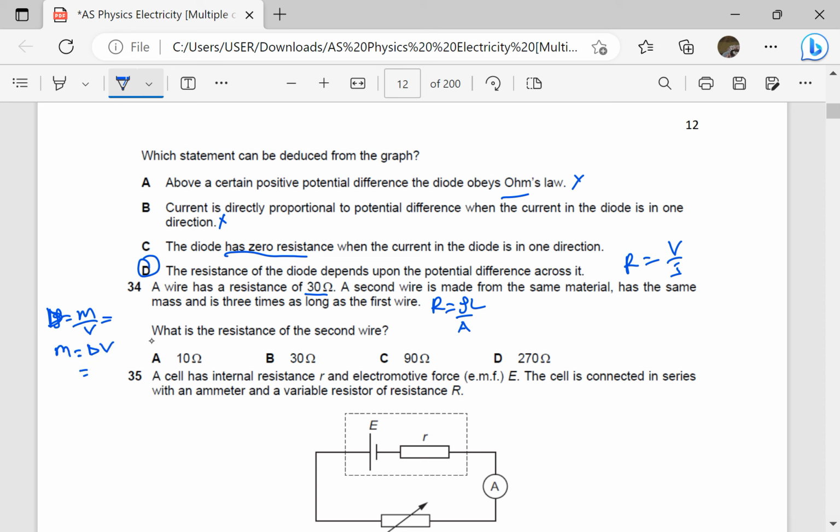But remember, volume is cross-sectional area times length. So this is going to be density times cross-sectional area times length. So if I make area the subject, the area is equal to mass divided by the density times the length.